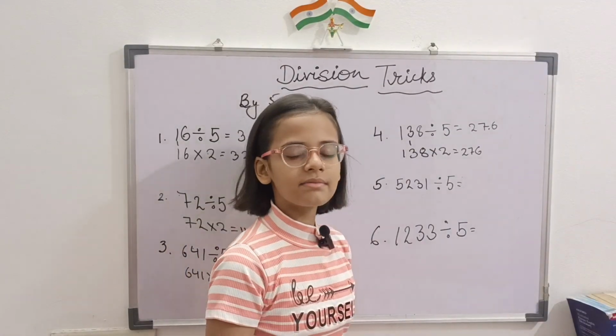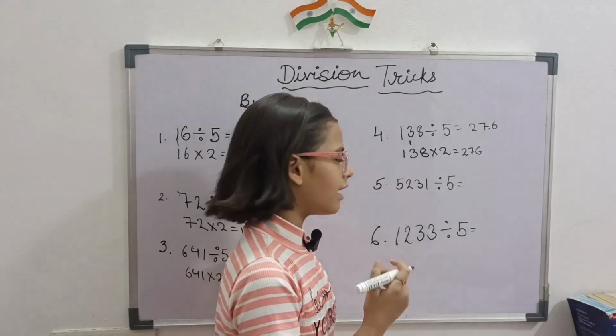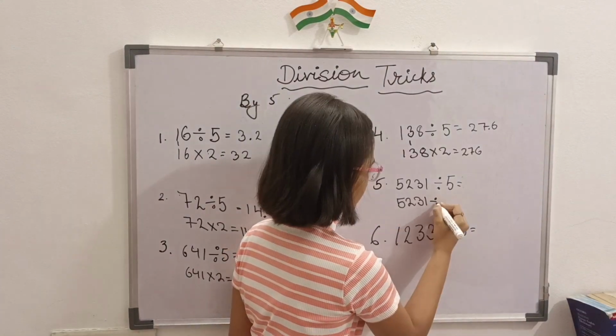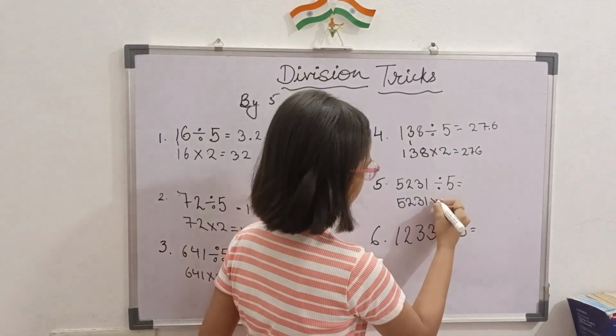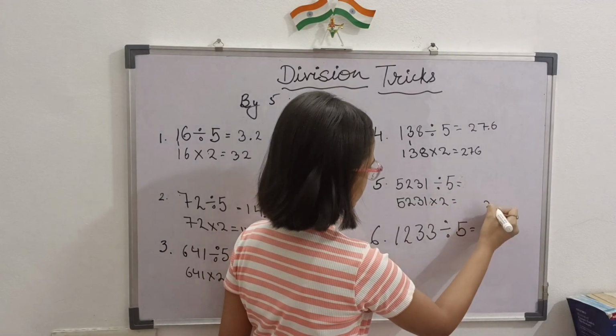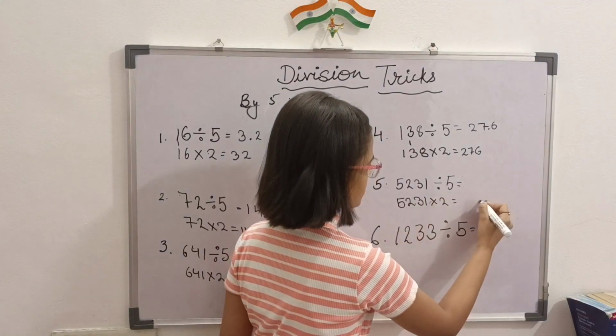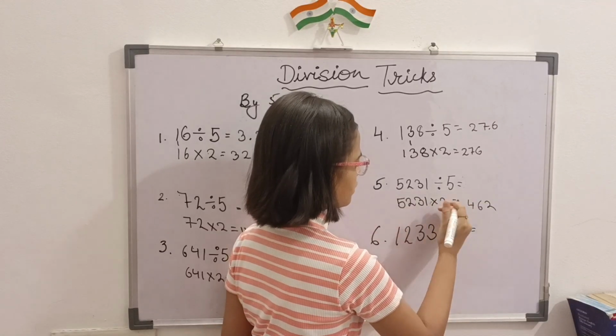Then our next number is 5231 divided by 5. Then we have to multiply it by 2. 2 ones are 2, 3 ones are 3, 3 twos are 6, 2 ones are 2, 2 twos are 4, 5 ones are 5, 5 twos are 10.